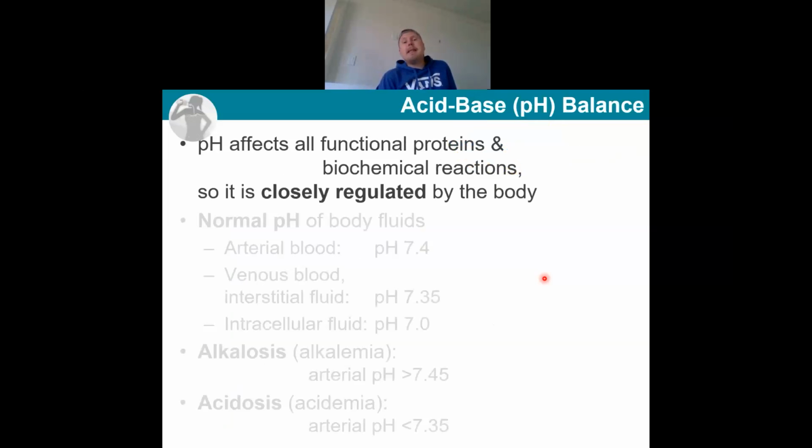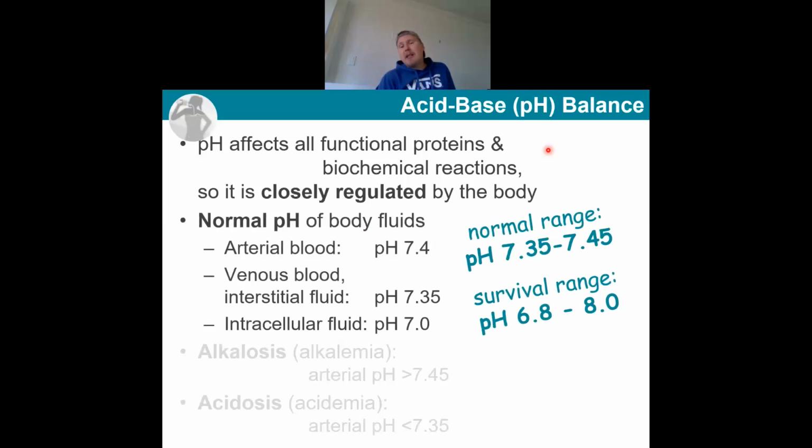Why this is important is that pH really affects all of the functional proteins, biochemical reactions, and so on. So it needs to be regulated very closely within the body and kept within a very narrow range. What we see is that the normal blood pH, for example, is maintained between 7.35 and 7.45. That's a very narrow range.